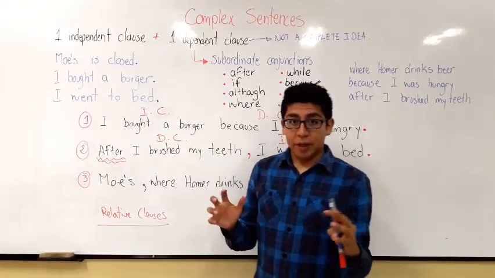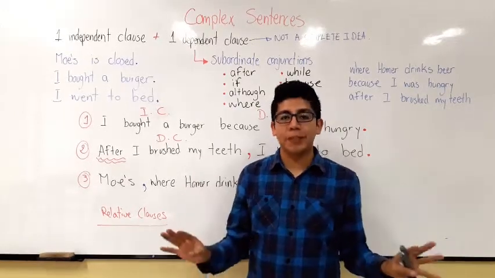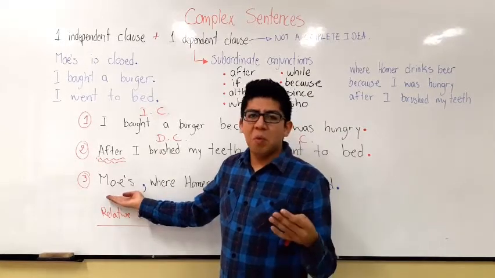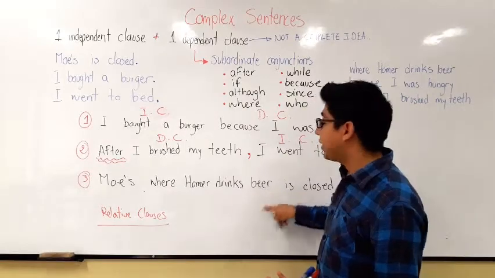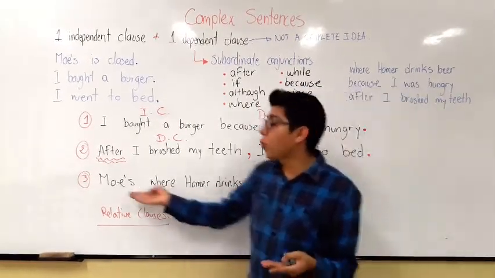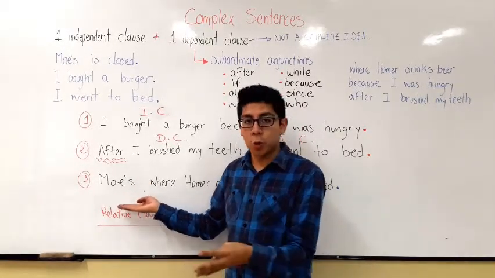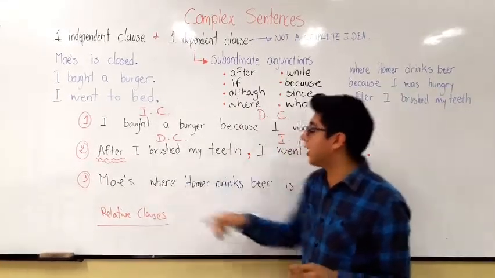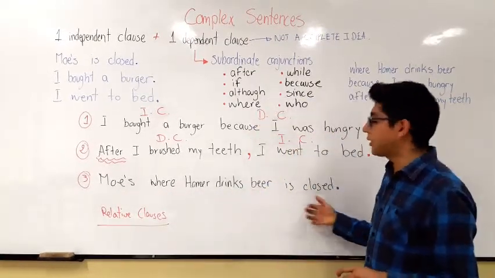Second case, for people who haven't ever watched a single episode of The Simpsons, you may say, what's Moe's, right? So in this case, here we need the information to understand what Moe's refers to. So what I do is I delete the commas, and I say Moe's where Homer drinks beer is closed, right?